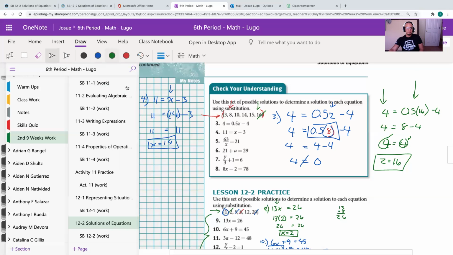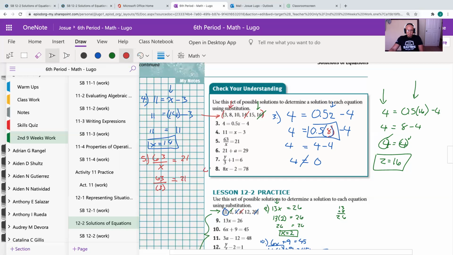Let's try number 5. Number 5, we have 63 over a certain value, or x, is equal to 21. So out of the ones that are missing, 63 divided by which one is going to give me 21? I think 3 is going to work well. So I'm going to do 63 over 3, and that should give me 21.